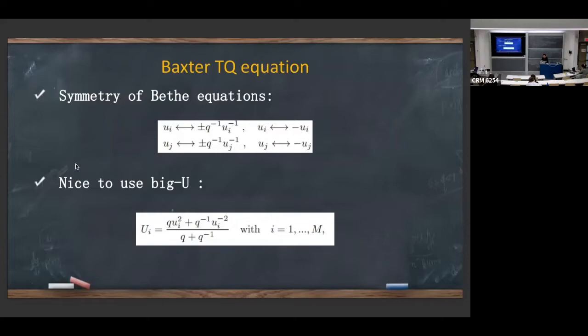This motivates us to rewrite, instead of using little u's, using what we call the big U, which is given by this expression here. I don't put the details here, but one nice thing is that we can write the Bethe equations and also the Baxter T-Q equation all in terms of this big U. It's more or less like we are rationalizing the XXZ spin chain. And I think even for XXZ we can do that, but we have not done it yet.